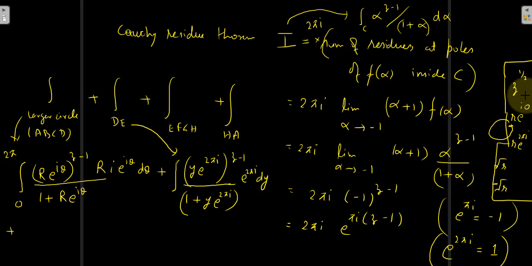So suppose you start from z equals r e to the power 0 i. You make one complete circle like this, and you end at the same point. It looks like the same point.